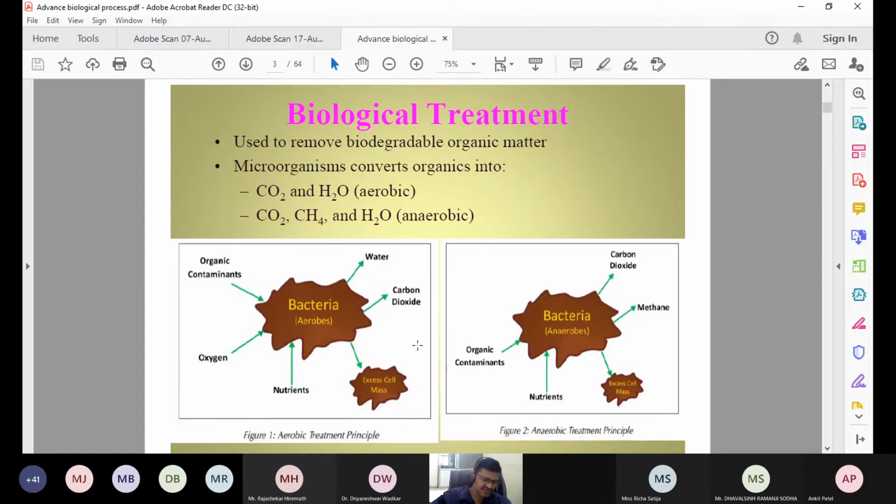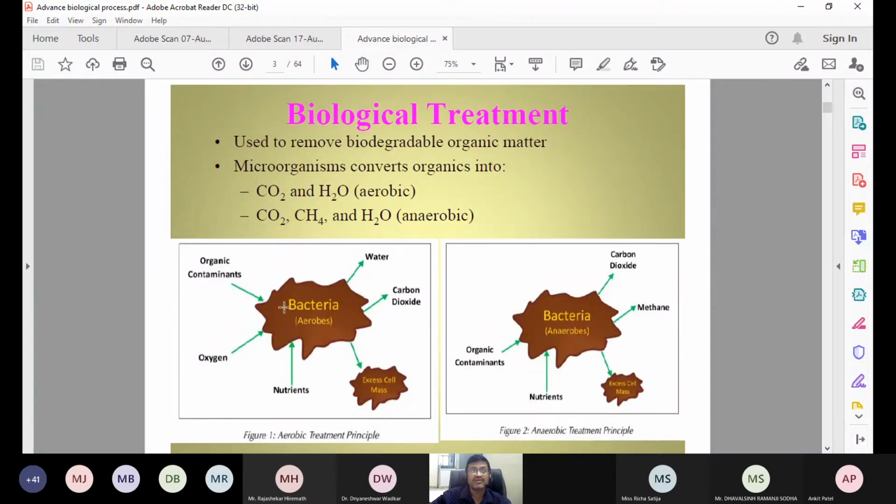There is one method of treating it, biological treatment, because it is a very efficient method which does not require any chemicals. It is the natural way of degradation. Here we are not using other ways, we are using the natural way. This is the aerobic treatment principle.